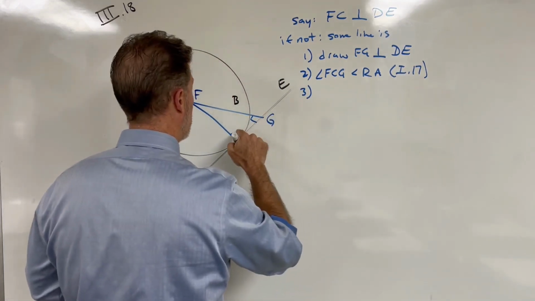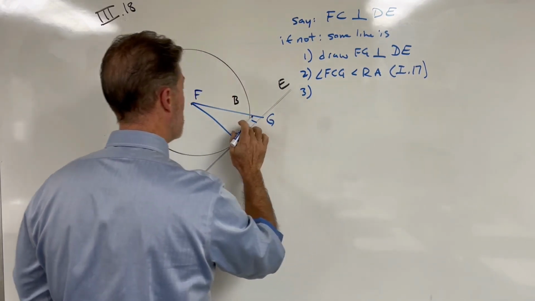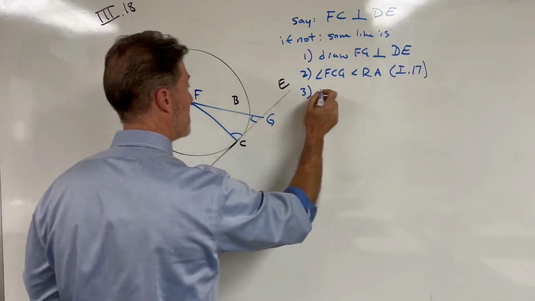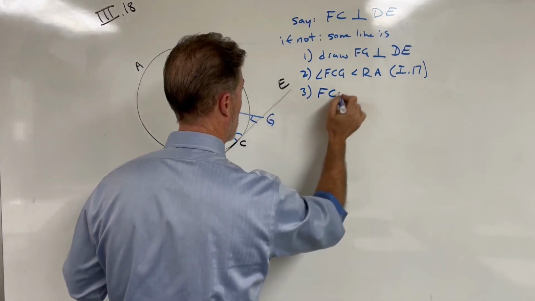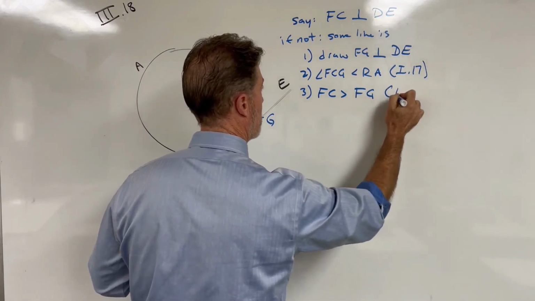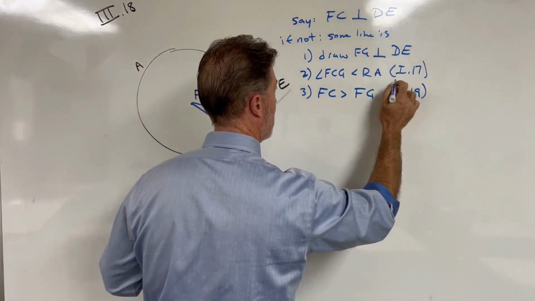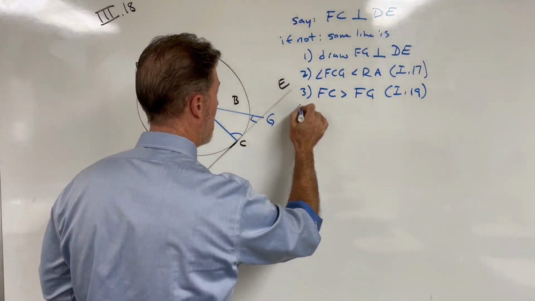Well, if this is a greater angle than this in this triangle, we know that the greater angle is subtended by the greater side. So we know that side FC has to be greater than the side FG. And that is Proposition 19 of Book 1: the greater angle is subtended by the greater side.